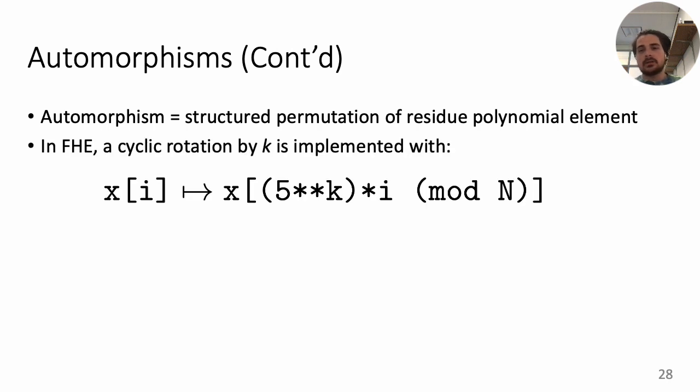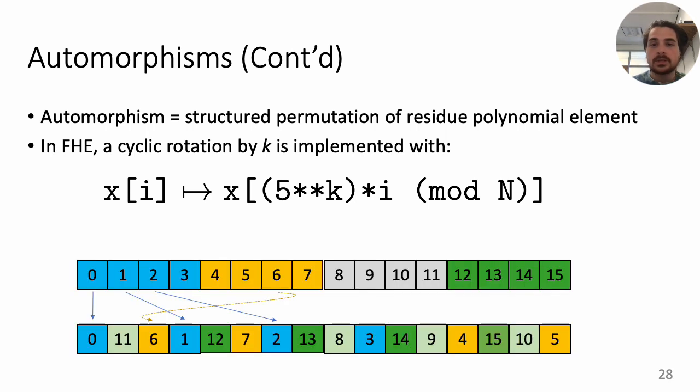So to implement the cyclic rotation by k elements, we use the permutation that moves the ith coefficient to the coefficient 5^k times i mod n, where n is the polynomial degree. So here's an example automorphism applied to our toy 16 coefficient polynomial. Different colors here represent different chunks of the input polynomial. This example demonstrates that automorphisms permute coefficients across chunks, making them hard to pipeline.